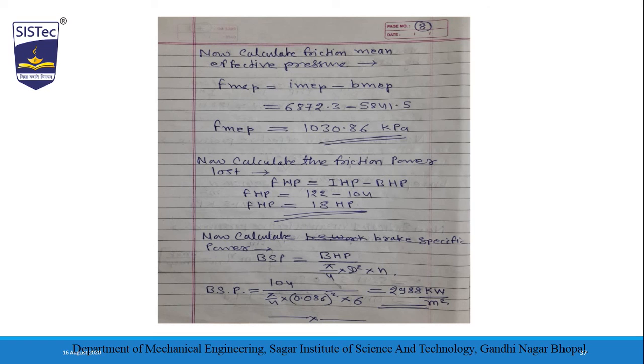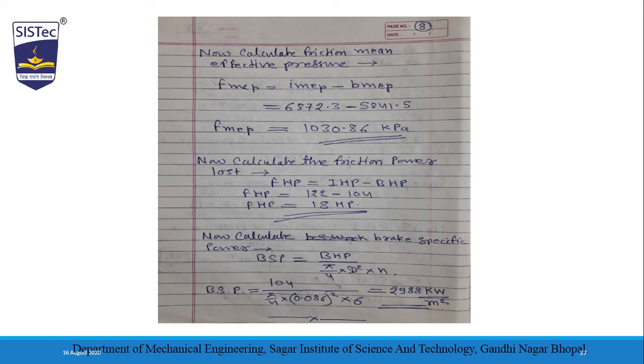So the answer is 1030.86 kilopascal, that is called the frictional mean effective pressure. And similarly, we calculate the frictional horsepower or frictional power loss by putting the values in FHP equal to IHP minus BHP. So the answer is 18 horsepower, that is called the frictional horsepower.